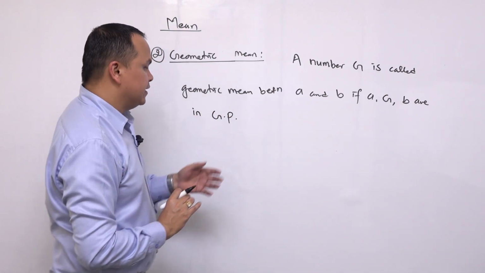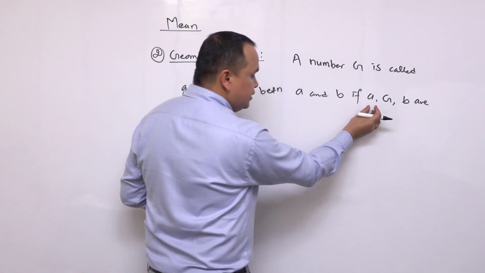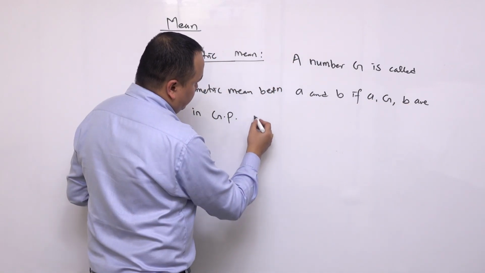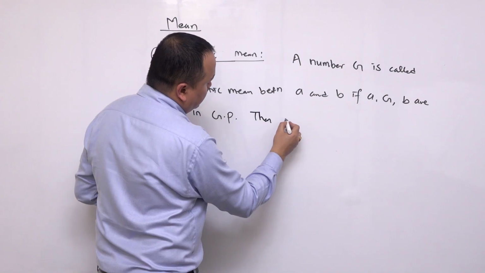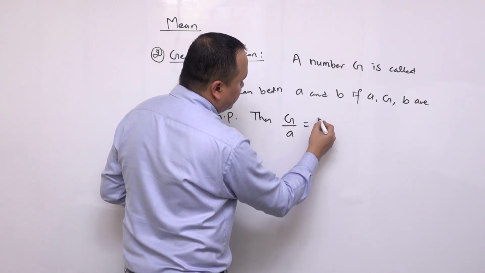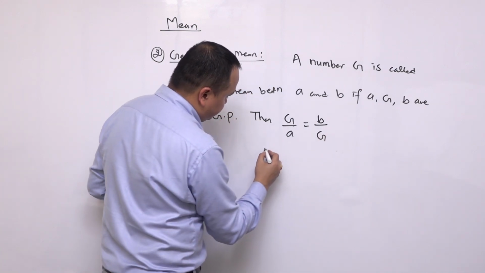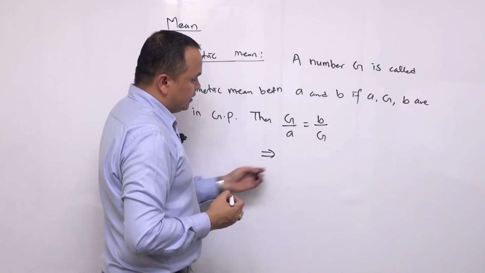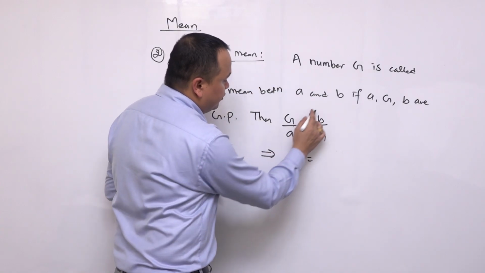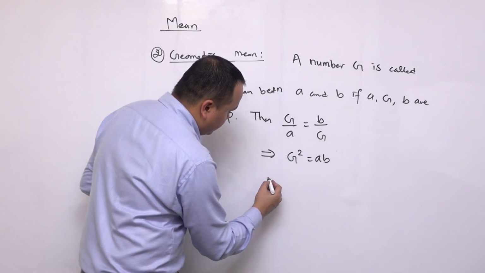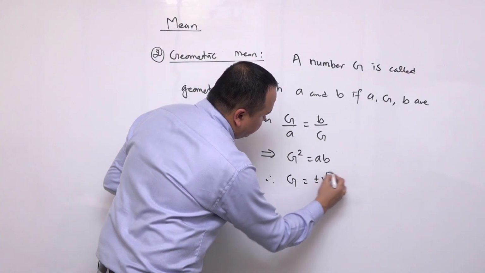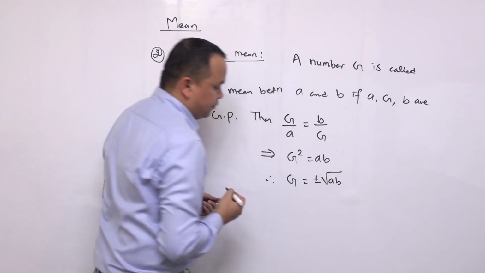By the definition of GP, we have T2 by T1 is equal to T3 by T2. Then G upon a is equal to b upon G. By cross multiplication, G square is equal to ab. Therefore, G is equal to plus minus root over ab.